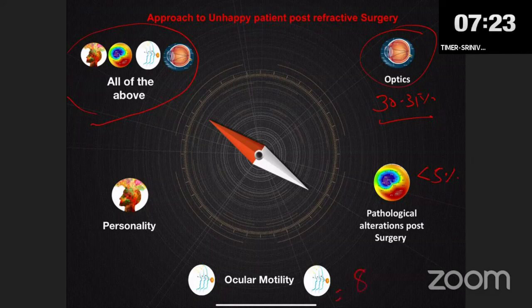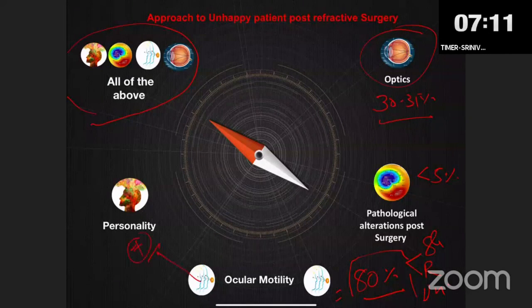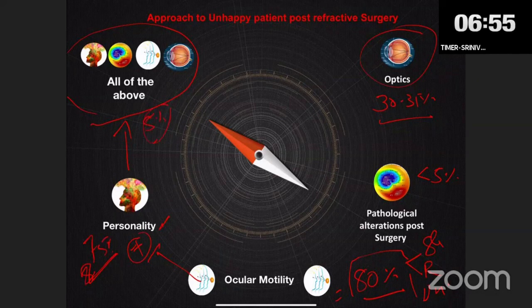I would put around 80% of my patients today who come with glare, regression, or unhappiness in this group. And these are always together; out of that 80%, probably around 75% is always the personality, which is a little different. All of the above is around 5%, who would fit into all these three categories.